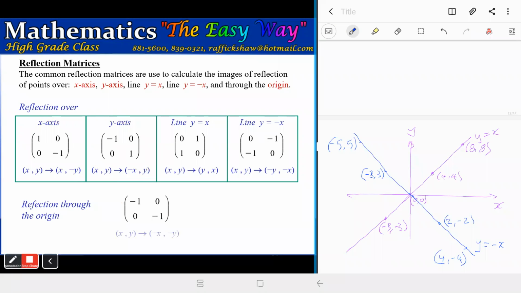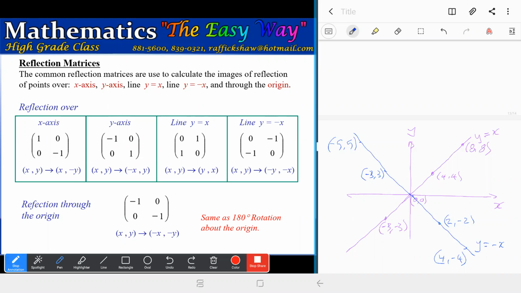So it's the same matrix. So a reflection over the x-axis and a reflection over the y-axis is the same as a 180-degree rotation through the origin. And so both matrices are in the one matrix. You see the negative one that is up here is here, and the negative one that is down here is there. So both of them in one.